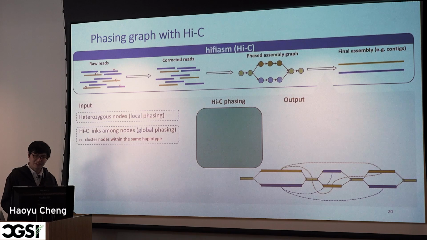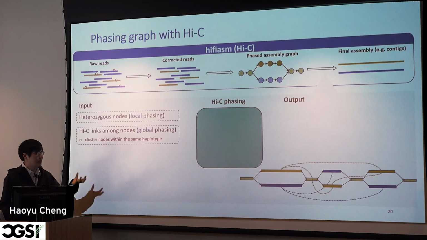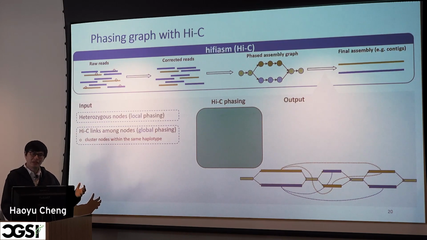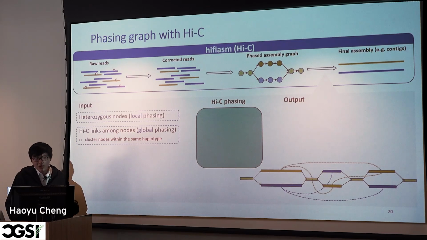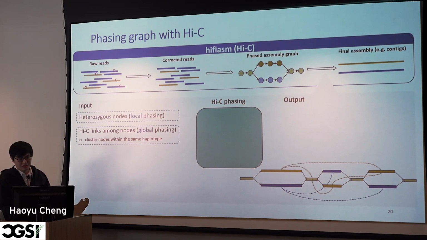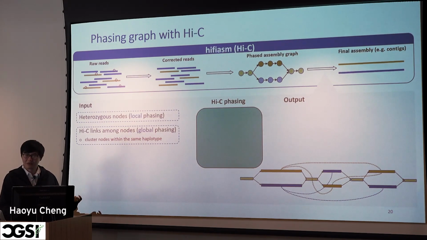Then we have these Hi-C links, the dashed lines here, which bridge heterozygous nodes in between. They provide long-range, global phase information, so they help us cluster all the nodes within the same haplotype together.